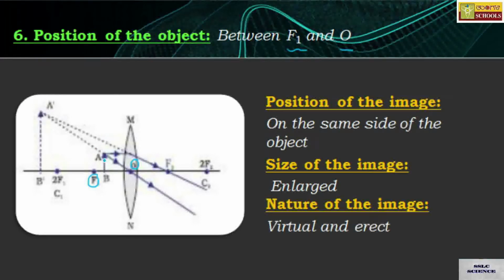See, when you place the object between F and O, the image is not going to meet at infinity, it shifts to the same side of the object, keep in mind. This can be compared with the concave mirror case, when you bring the object between F and P, where the pole is. So what happens?